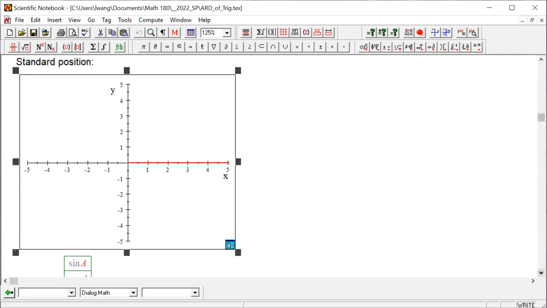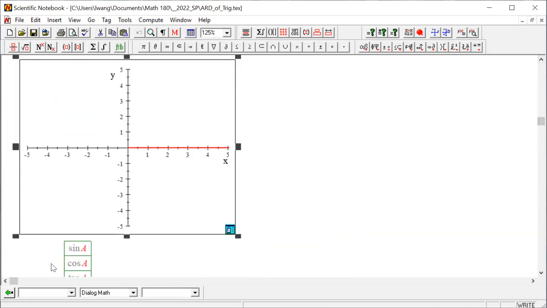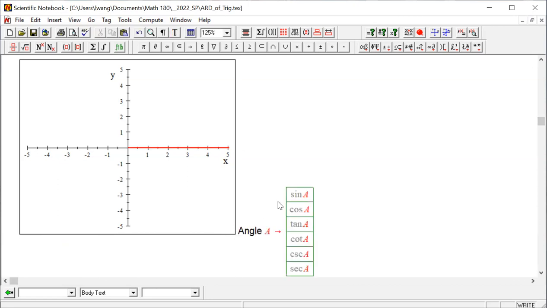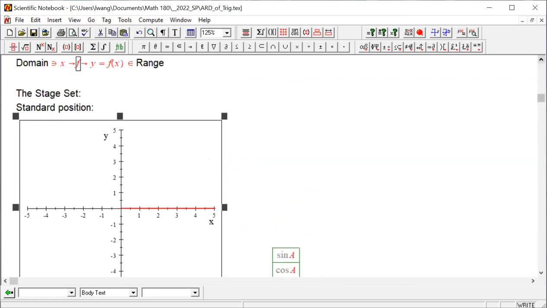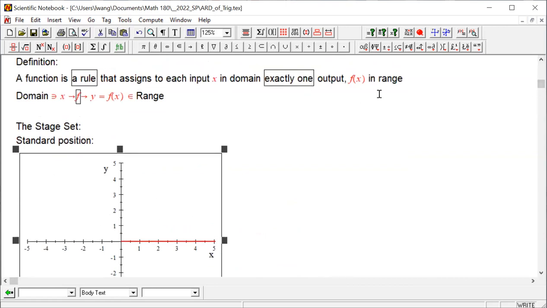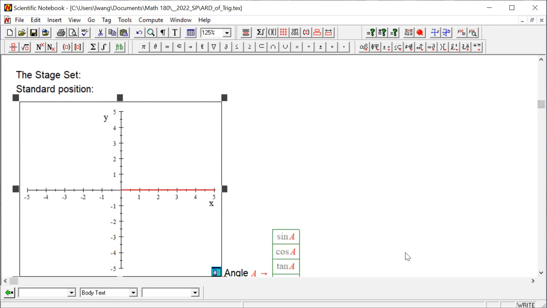That angle can be the input. Every angle that's input for any one of these functions is an angle measured from the standard position. So that's our input. We will talk about domain and range for the individual functions afterwards.